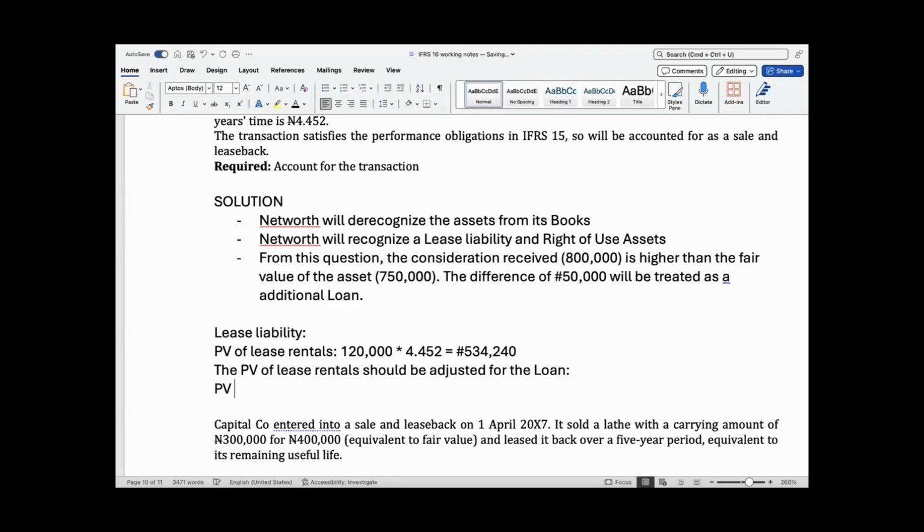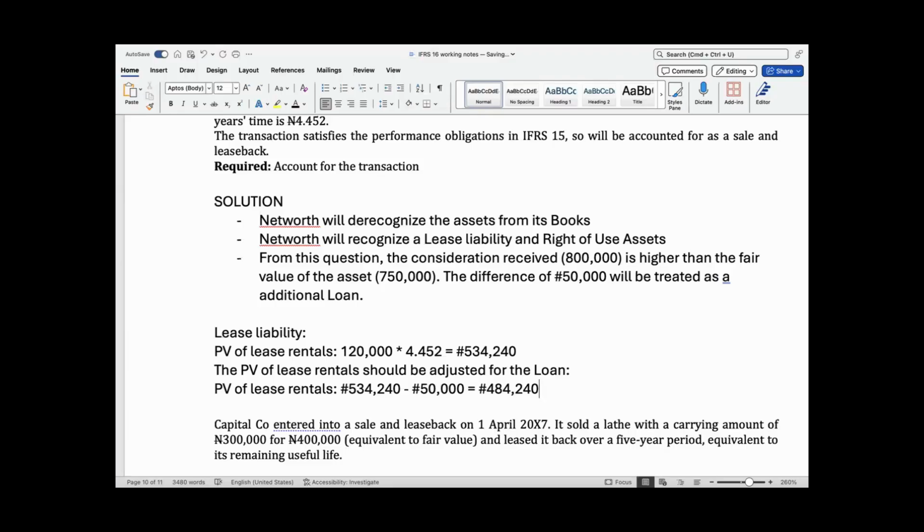So the PV of lease rental then becomes this 534,240 minus the loan element of it, which is 50,000. If I deduct 50,000 from this, the actual PV of lease rental is 484,240.